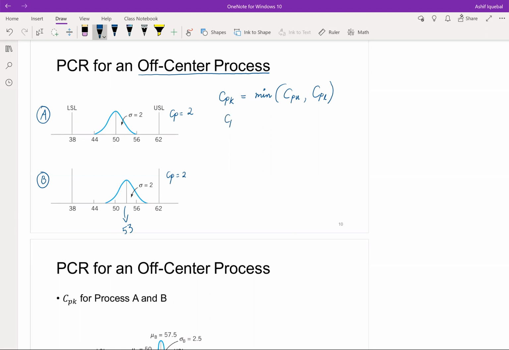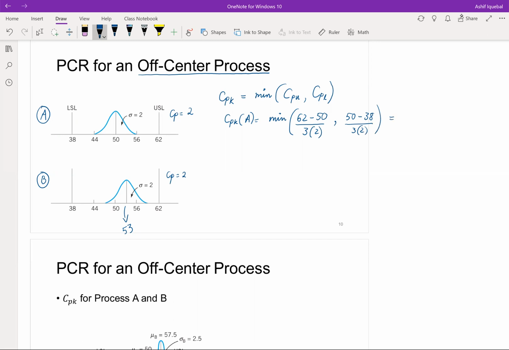So Cpk for process A will be equal to the minimum of Cpu. Cpu is the upper specification limit minus mu divided by 3 sigma. So this will be 62 minus 50 divided by 3 times 2, comma, Cpl is mu, which is 50, minus the lower specification limit, which is 38, divided by 3 sigma.